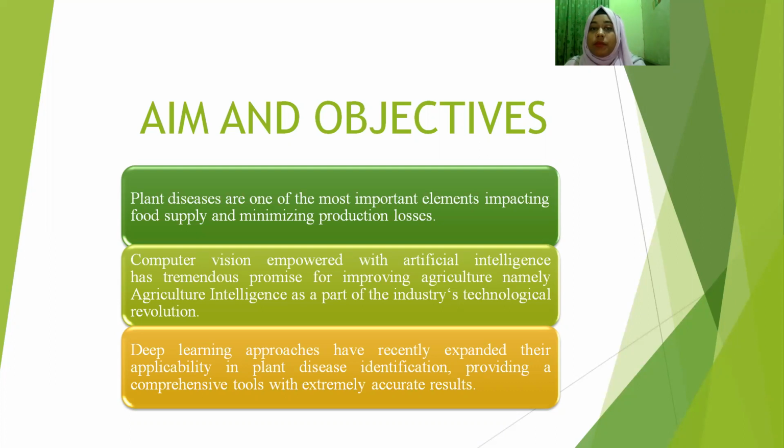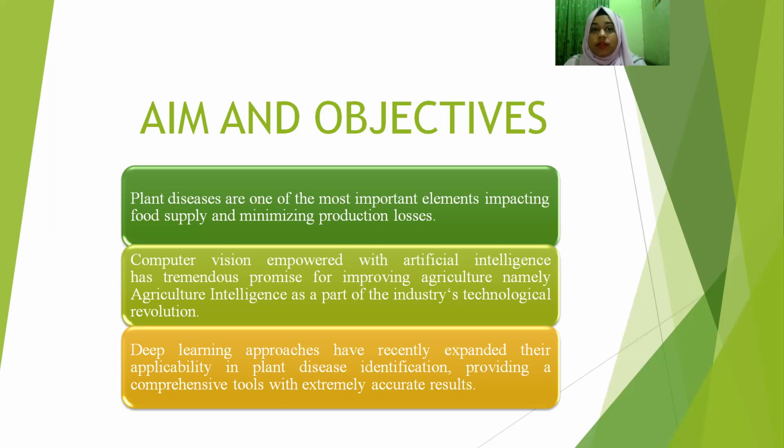Plant diseases are one of the most important elements impacting food supply and minimizing production losses. Around the world, crop disease creates problems of food insecurity and domestic losses in crop production.